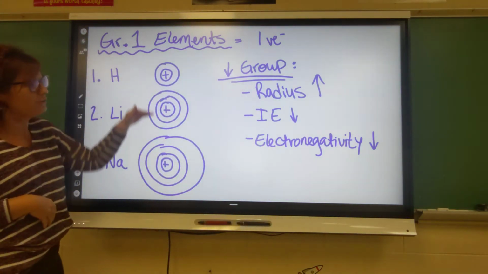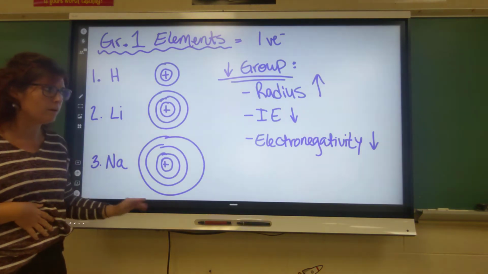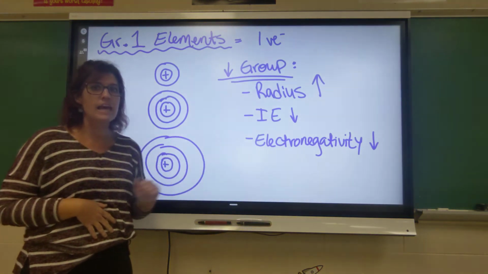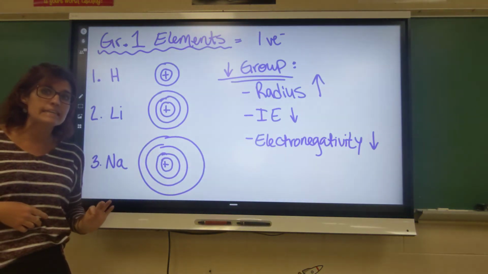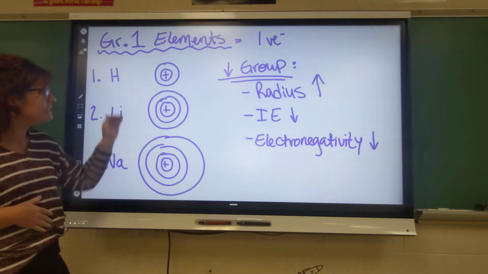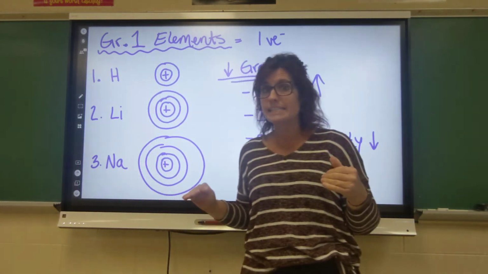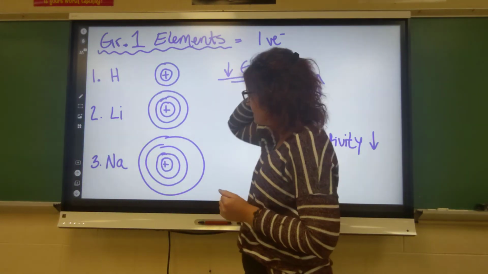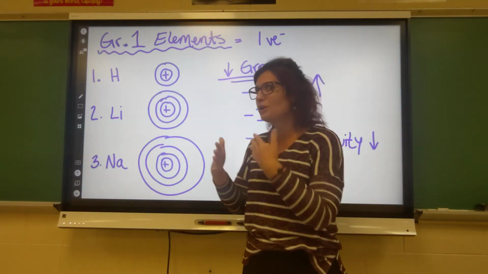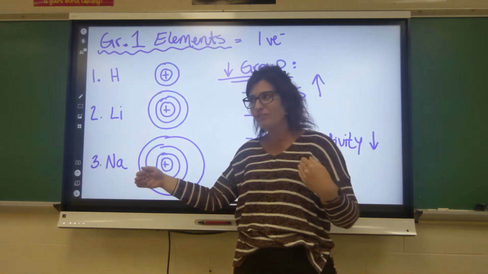So as you go down a group on the periodic table, and you can see it over here on the right, electronegativity decreases. And the reason that electronegativity or attractiveness decreases is because as you go down a group, there are more and more energy levels being filled.